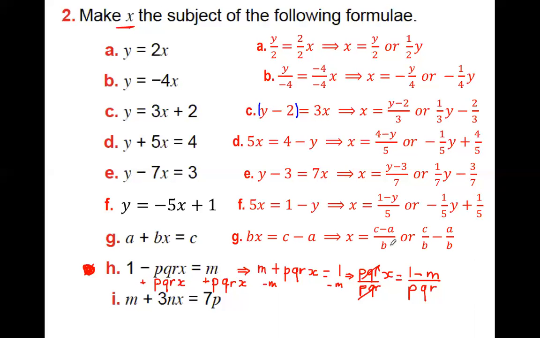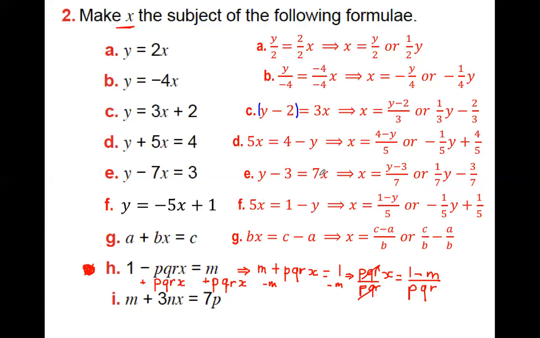Sorry, for the ones C, D, E and F, say for question E, you've got y minus 3 equals 7x. Do you need to have that line, or can you just go straight to y minus 3 over 7 equals x?